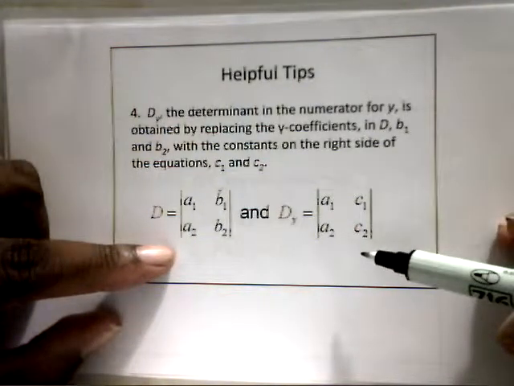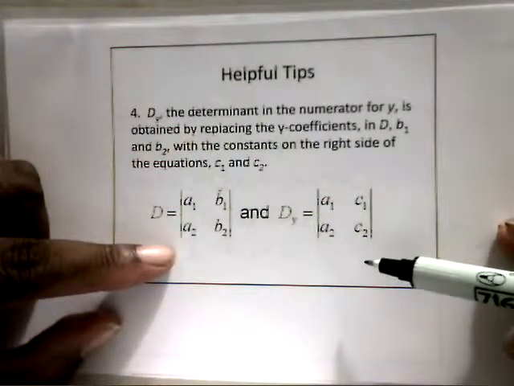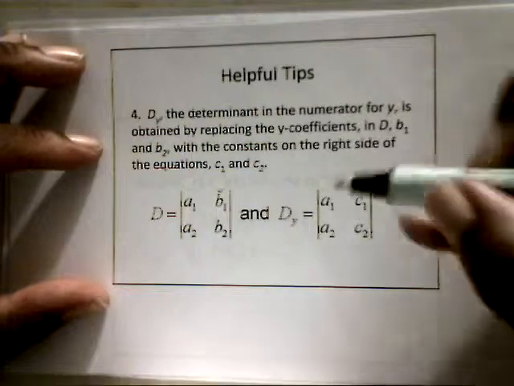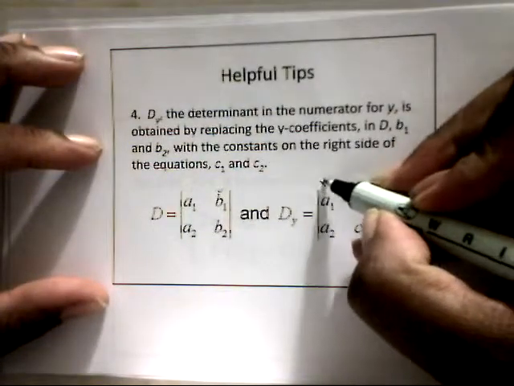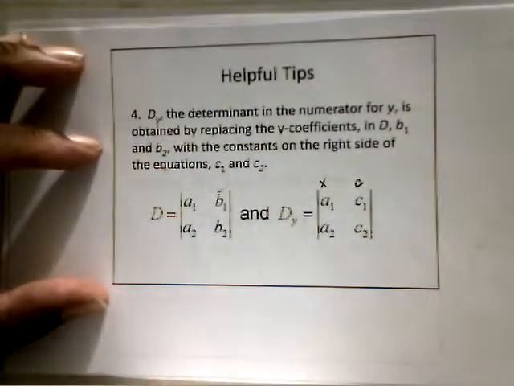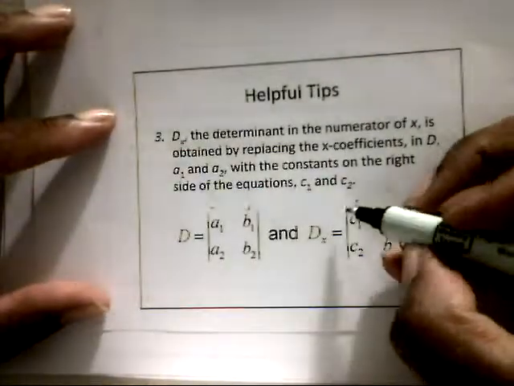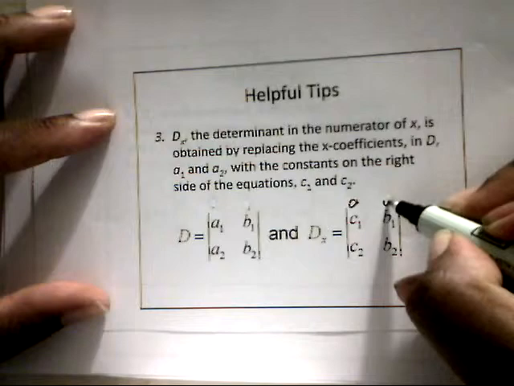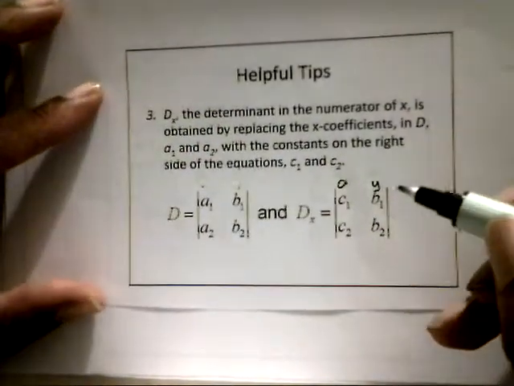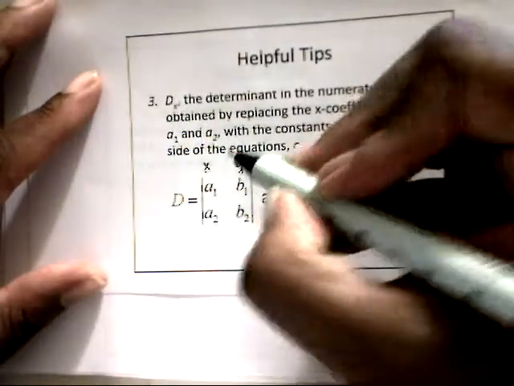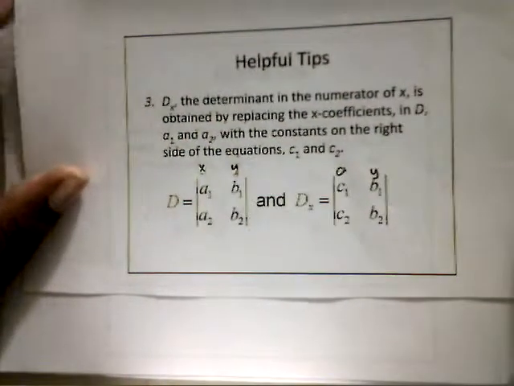If you follow that pattern, for D sub y we have the x and then your constants. And for D sub x, it'll be your constants and your y. D is always going to be x and y, the determinant of your denominator.